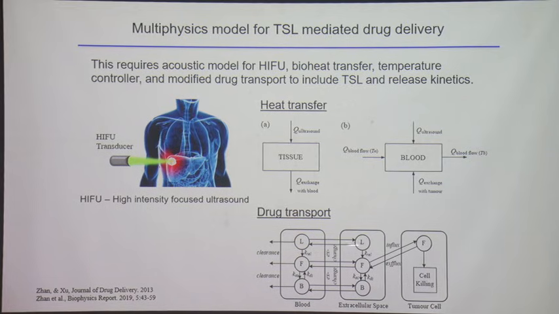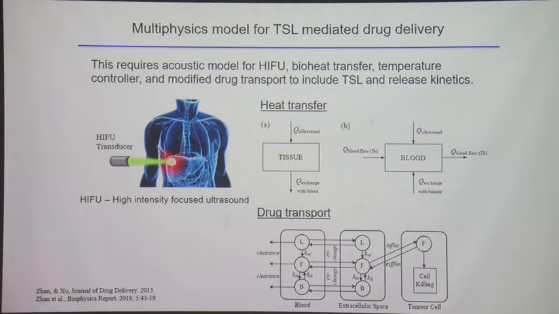For example, the drug transport model, in 3 dimensions as well, coupled with the transport within the interstitial fluid in the tumor tissue, and also the fluid flow and transport. But on top of that, you also have to consider heat transfer, because you heat up the local tissue at a focal point.